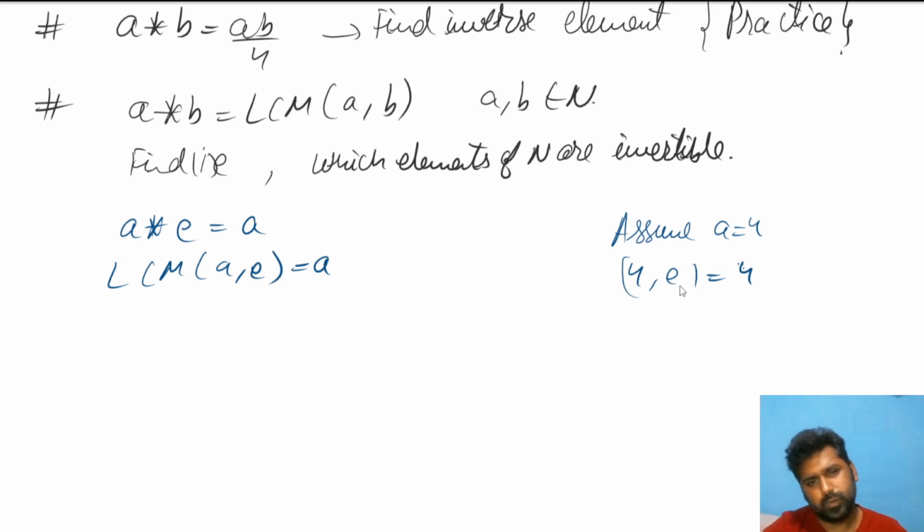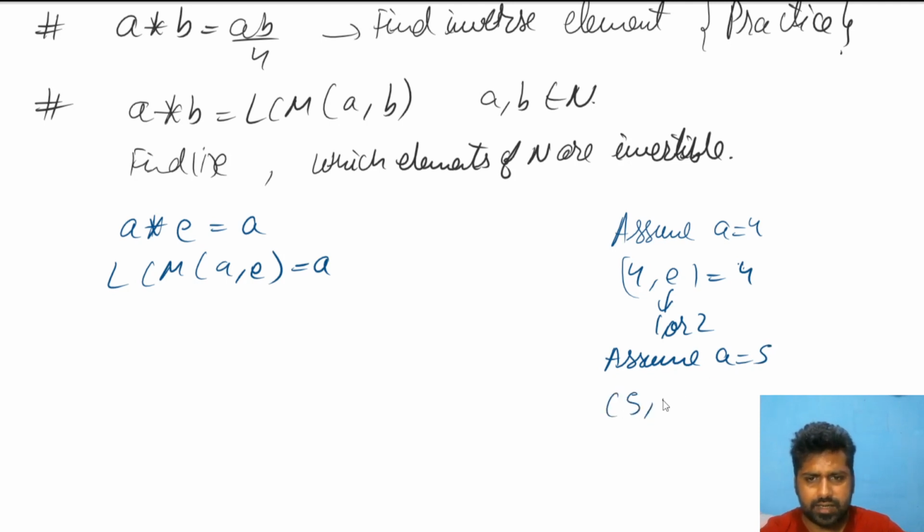But this should always be applicable. So here I can say e can be 1 or 2. So there are 2 possible values. But e should be a unique element, it's an identity element, so this is not clarifying anything. So let's take another value, a as 5 now.